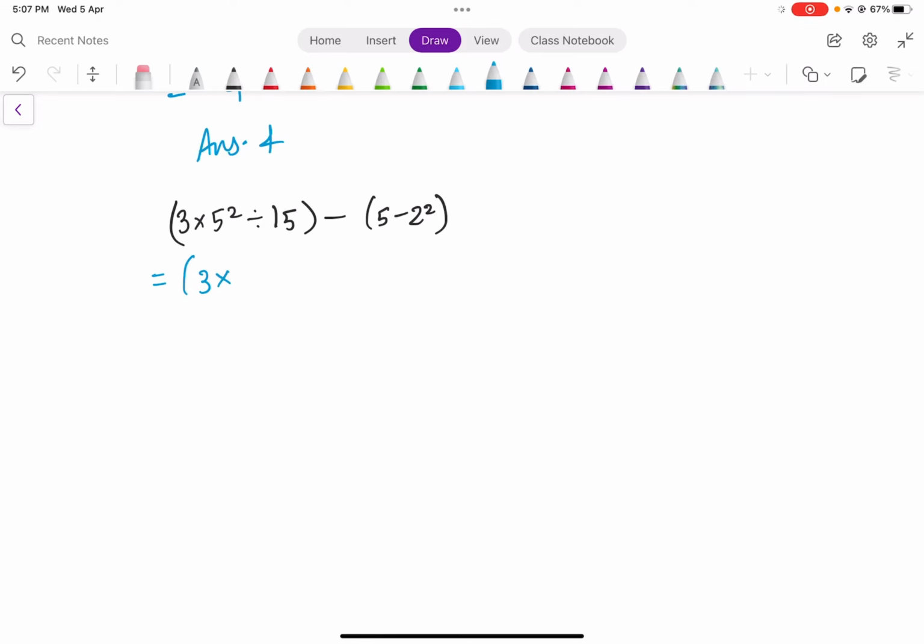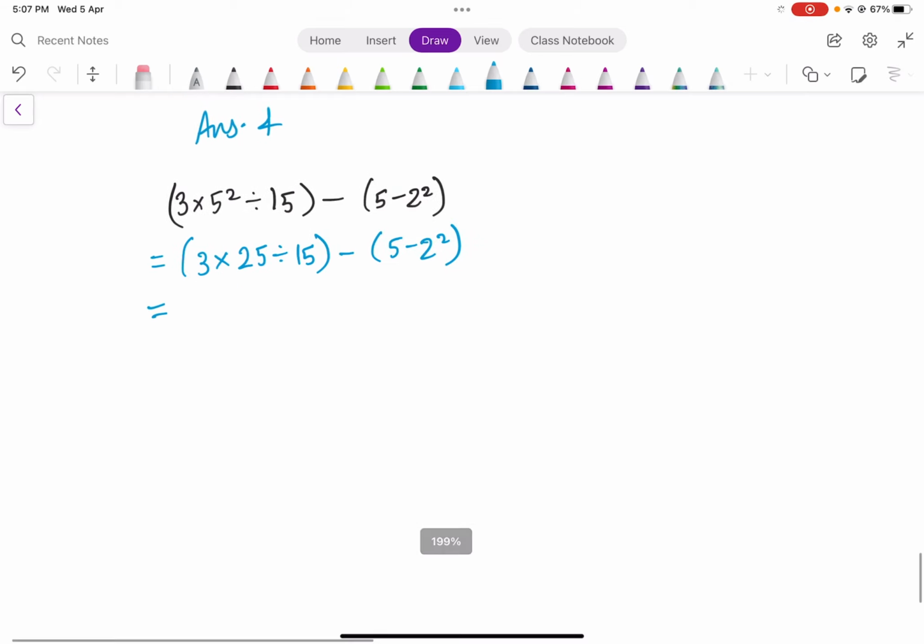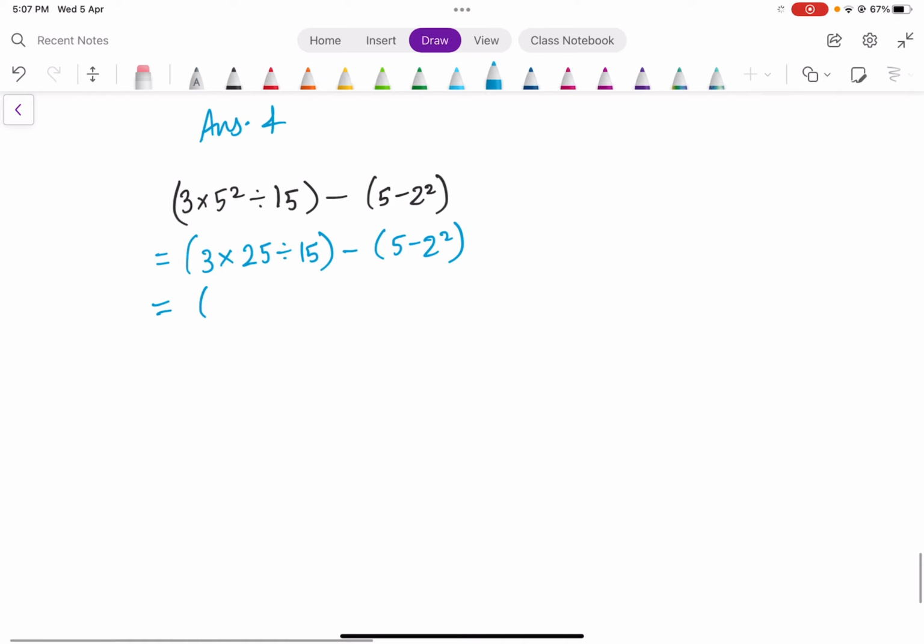So what is 5 squared? 25. And divided by 15 minus 5 minus 2 squared. So what comes next in BEDMAS? Well, division. So we could do division, but let's do multiplication first since it doesn't really matter.